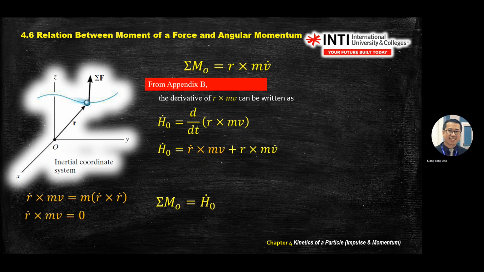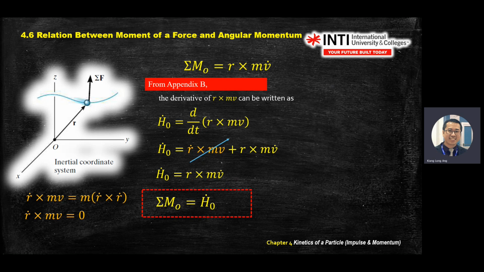So r dot cross mv equals 0 because you cross the same vector, because they are parallel, you'll get 0. There's no action if you do that. So here you can cancel the first term. Okay. Then it arrives at h dot equal to r cross mv dot.